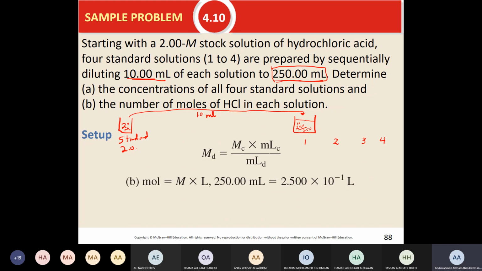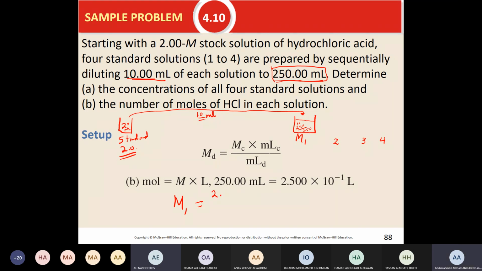Now I want you to tell me what's the concentration of 1? What's M1? Concentration M1. I'll call it M1 every time. What's the concentration of 1? What are you going to multiply? You will take M times V over the new volume.